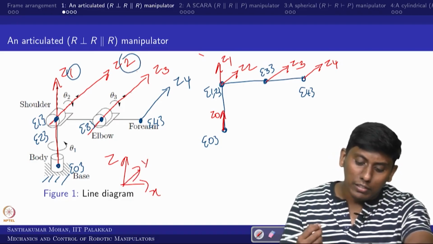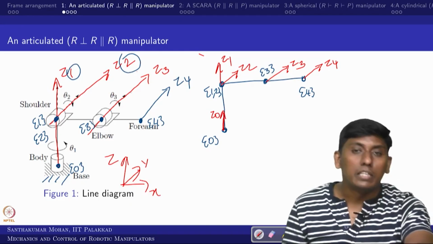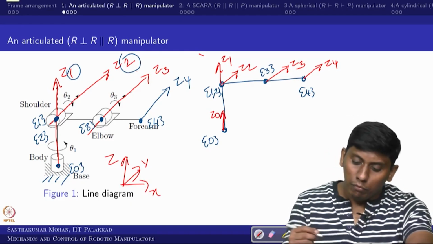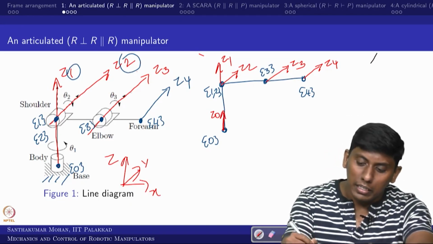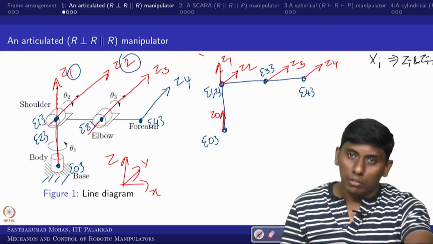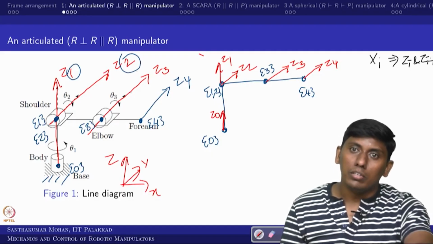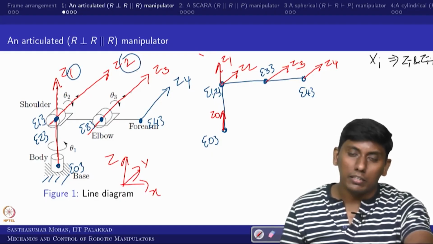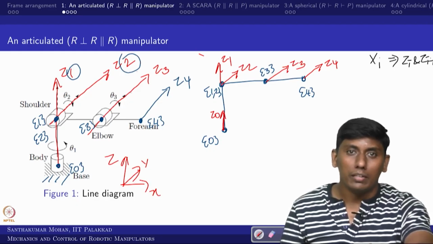Now what else do we need to see? We need to fix the X axis. For fixing the X axis, Xi you have to see based on Zi and Zi plus 1 coordination. So if I take that way, what is the X0 configuration? That needs to be seen from Z1 and Z0. What is the nature of Z1 and Z0?